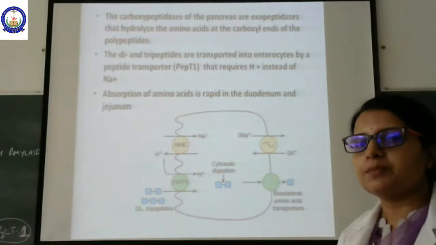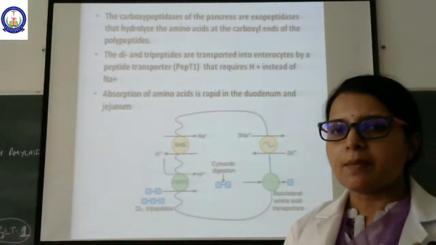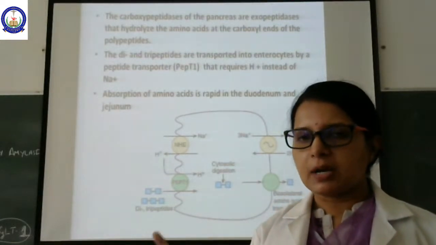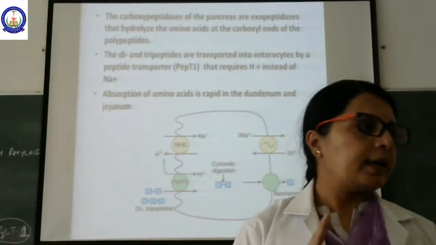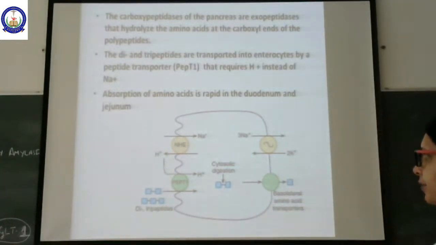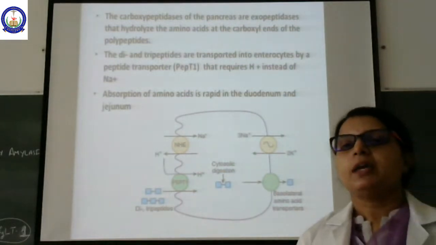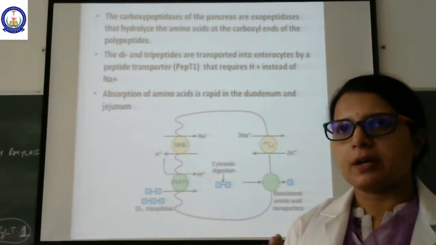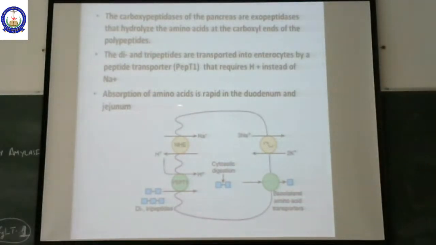So for the absorption of glucose we require sodium ion. For the absorption of proteins, that is di and tripeptides, we require H plus ion. Absorption of amino acids happens in the duodenum and jejunum. Even glucose absorption occurs more abundantly in the duodenum and jejunum.